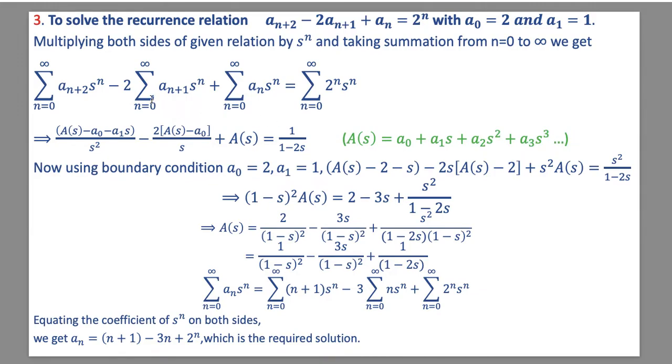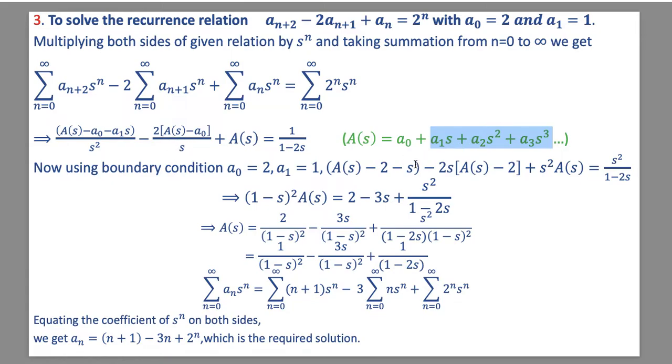Now for this case, for n equal to 0 we have a1, s raised to 0 is 1, a1 plus a2 s, but here we have a1 s. Here we are getting a1 plus a2 s plus a3 s square and so on. So to get this series, we will multiply each term by s and divide each term by s.